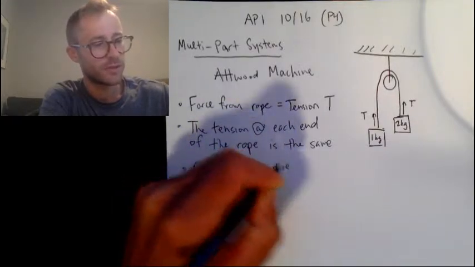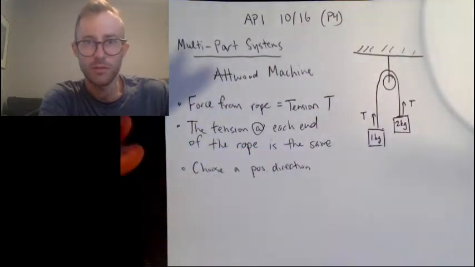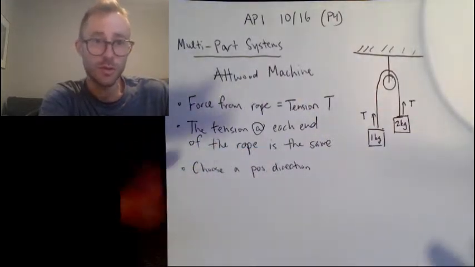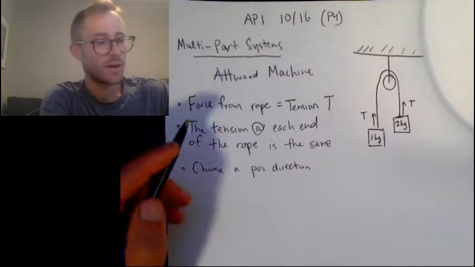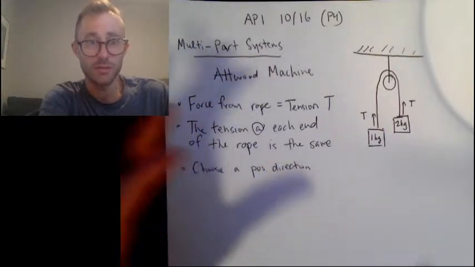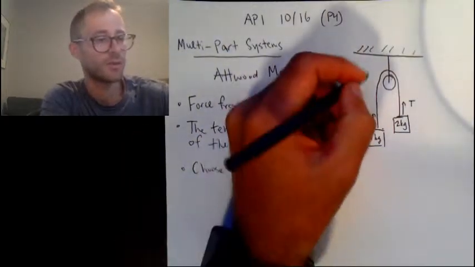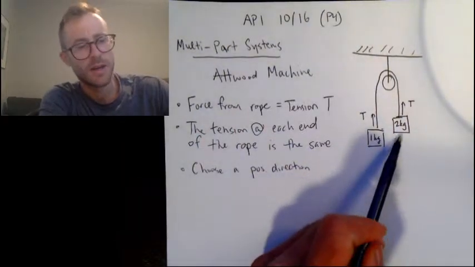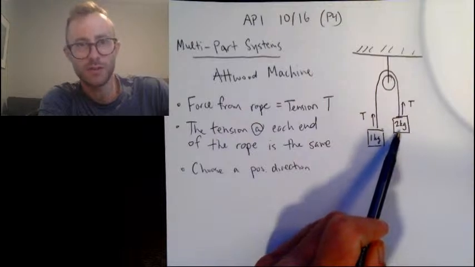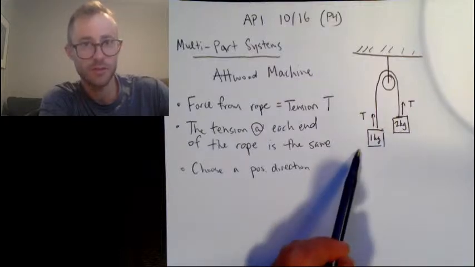This is one of the cases I was talking about where we have the ability to choose what the positive direction is. This is a rare instance where we will actually be choosing downward to be positive, because I know that this 2 kilogram mass is going to fall because it's heavier than the 1 kilogram mass.